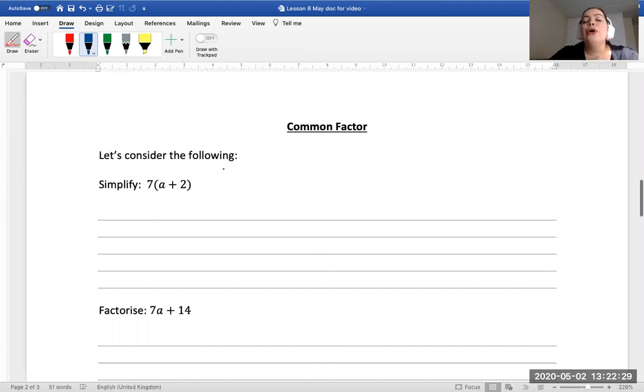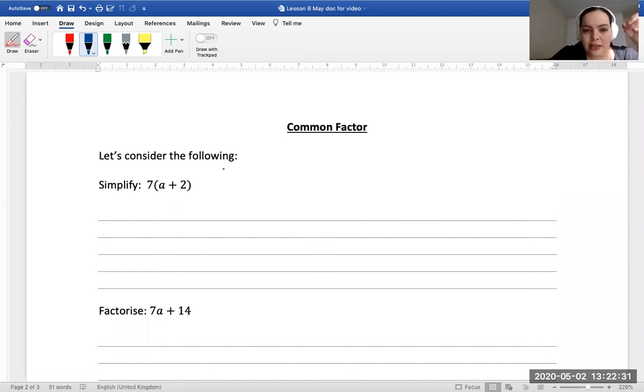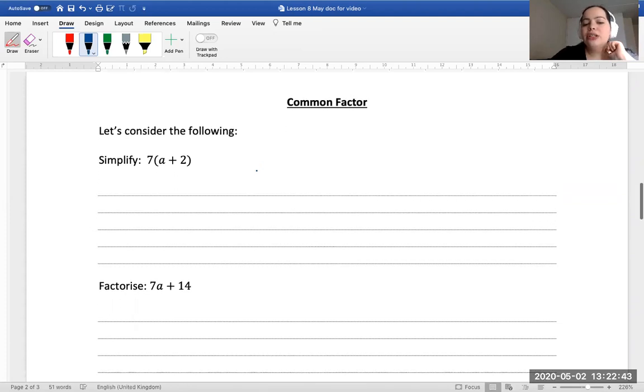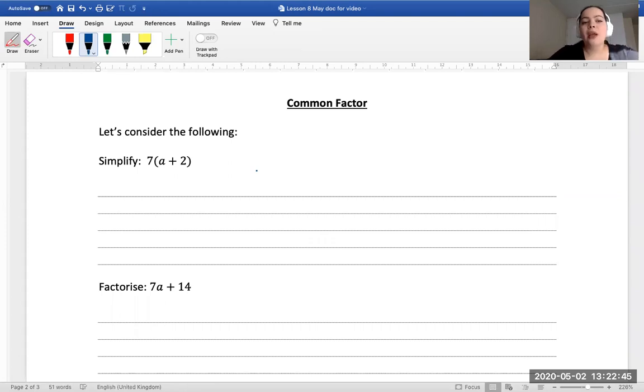The very first type of factorization we're going to deal with is to do with a common factor, which is why yesterday's lesson was so important. But before we even get to factorization, let's see if we can understand factorization in relation to what we already know. During our extension activity, we were given stuff like this: simplify or expand 7, open brackets, a plus 2, close brackets.